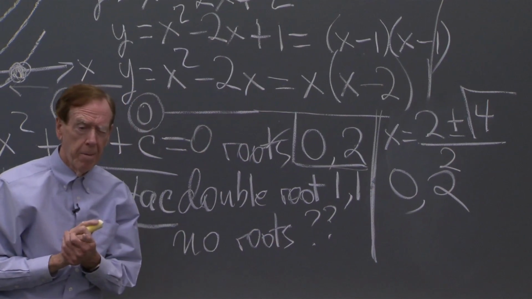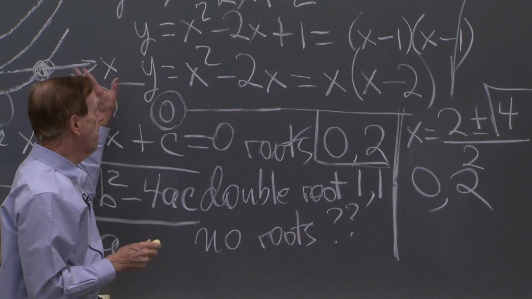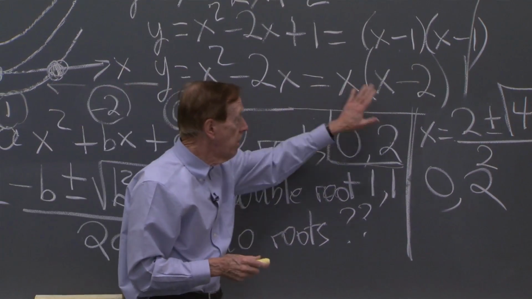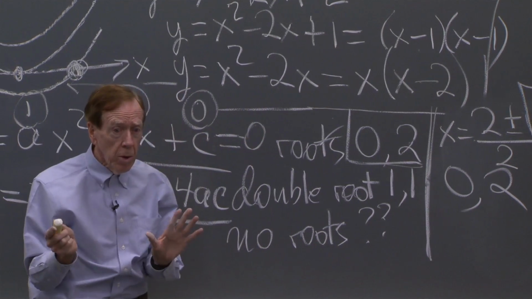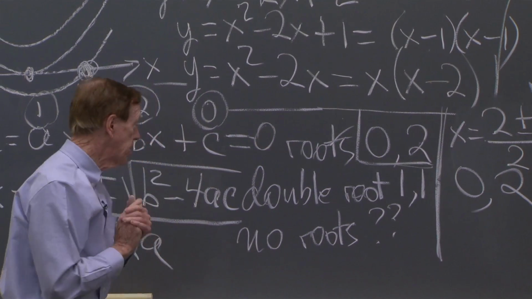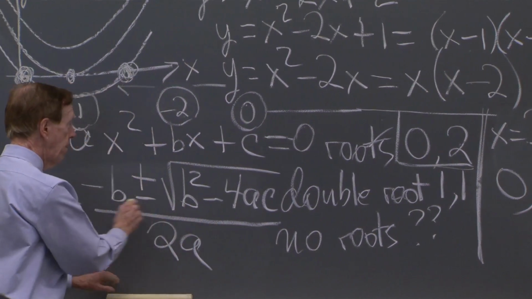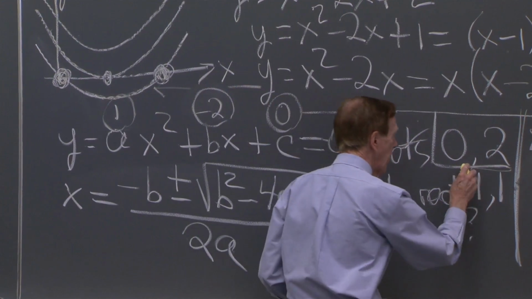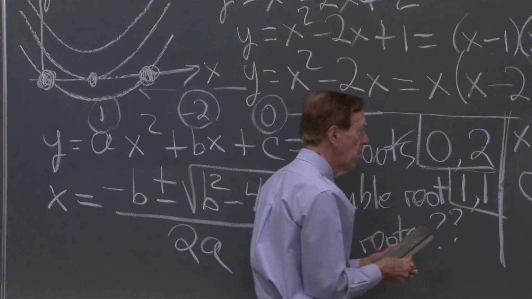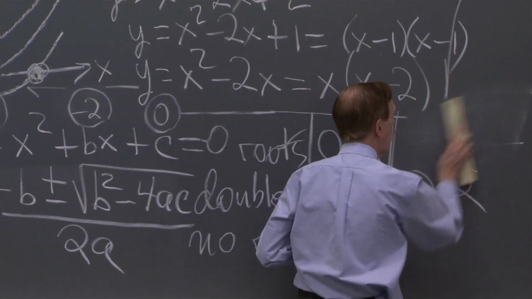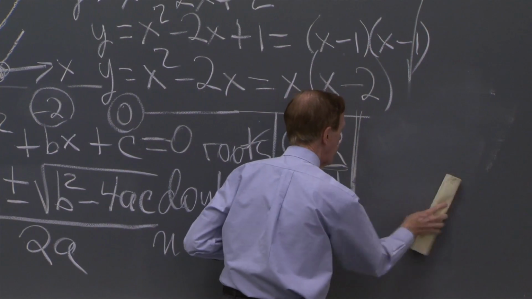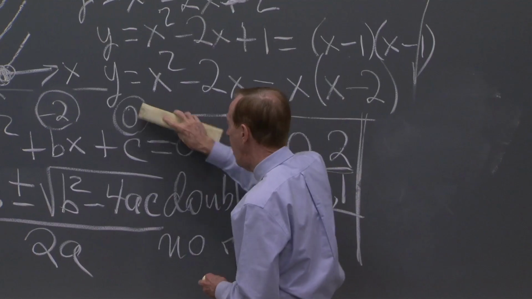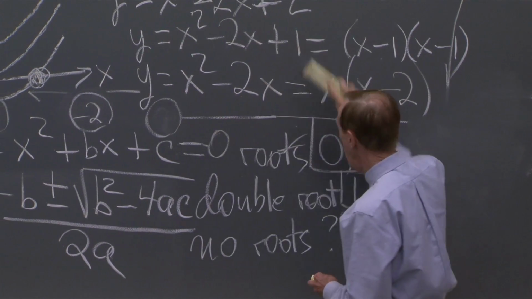The formula checked out to give me those two roots, 0 and 2. Can you do it once more? Well, twice more, actually. Once more, I'm thinking I'm going to get the next one. I think I'm going to get 1 and 1. Let me erase this and do the same thing for the second one, where c is now bumped up to 1.